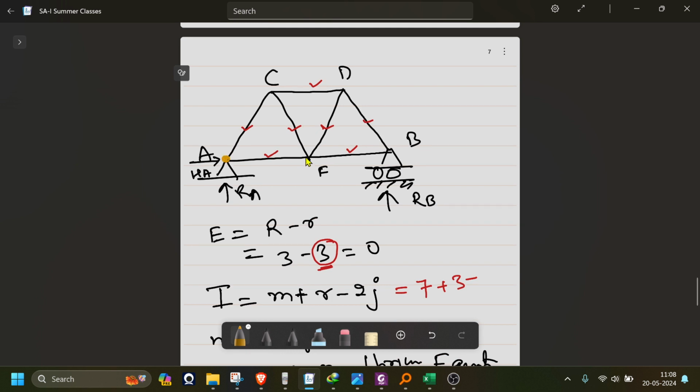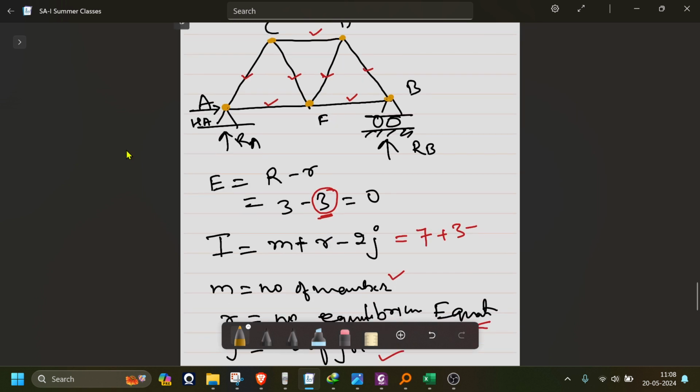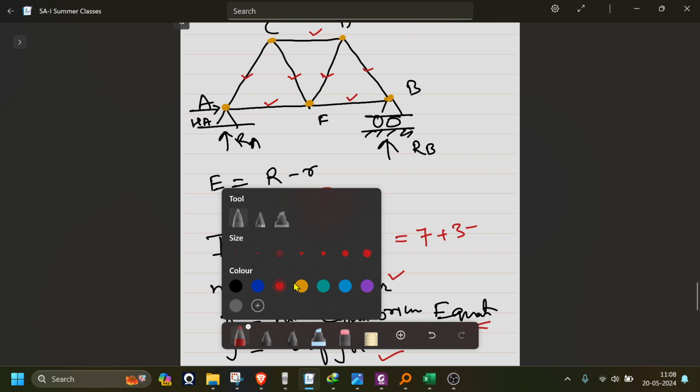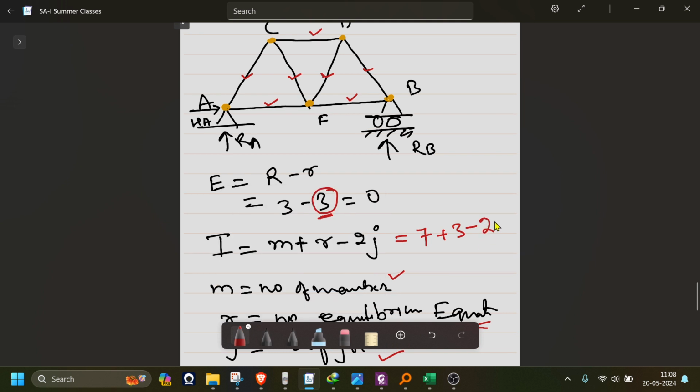This is one joint, this is one more, this is one more, this is one more, and this is one more. So it is 2 into 5. 7 plus 3 is 10, minus 2 into 5 which is again 10. So 10 minus 10 is 0. So the internal indeterminacy for this truss is 0.